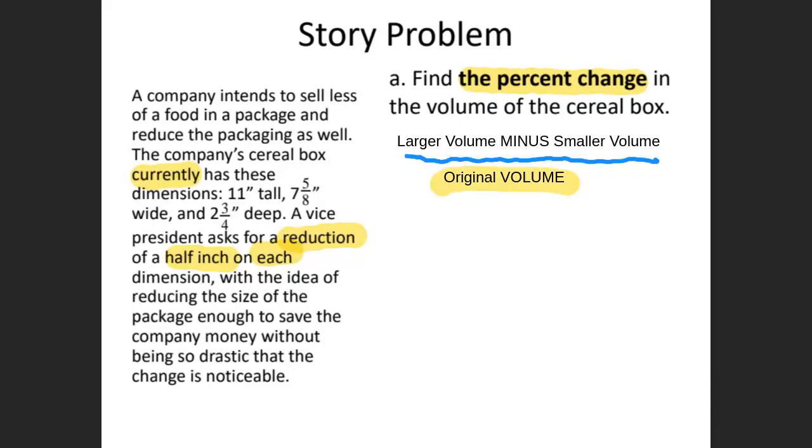So we have to know that it's larger volume minus smaller volume divided by the original, or currently used dimensions, but we're finding that volume. This is question A, but we have work to do. That's where my next slide is going to come in.